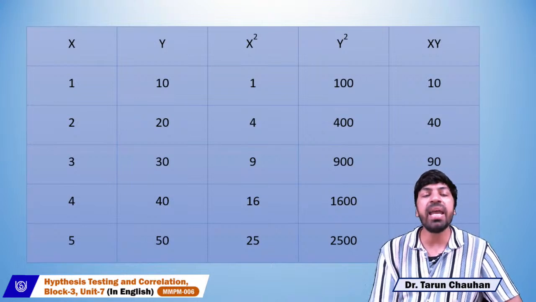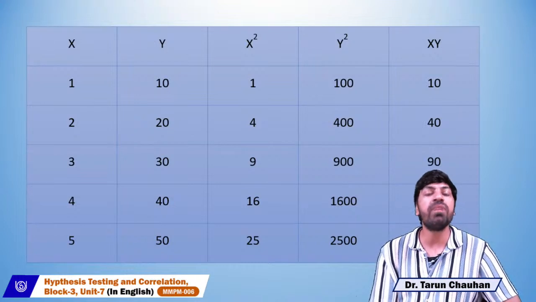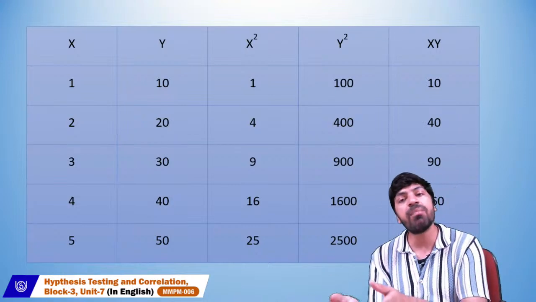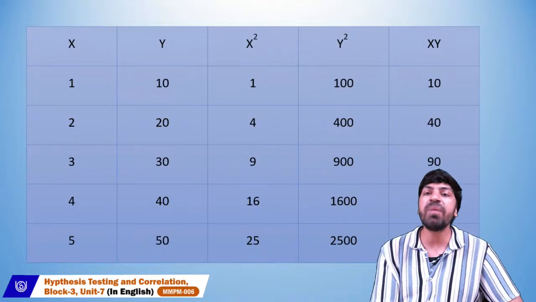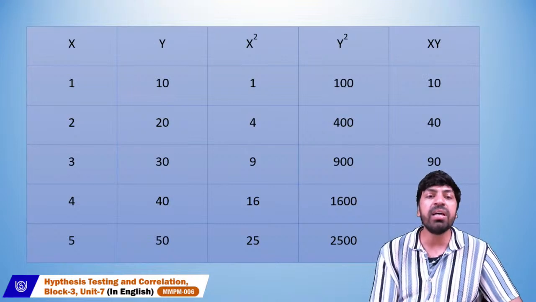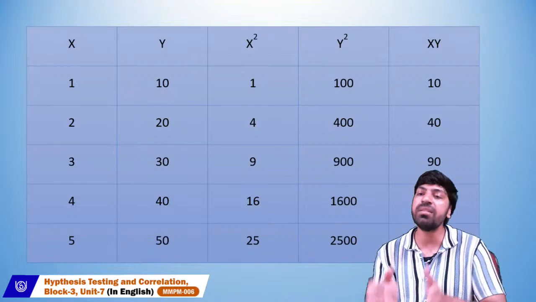If you look at x square, 1 squared is 1, 2 squared is 4, 3 squared is 9, 4 squared is 16, and 5 squared is 25. We apply the same approach in the case of y square. If you square 10, it becomes 100, the same for 20, 400, 30, 900, and so on.